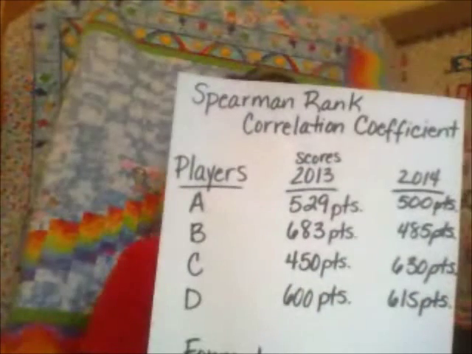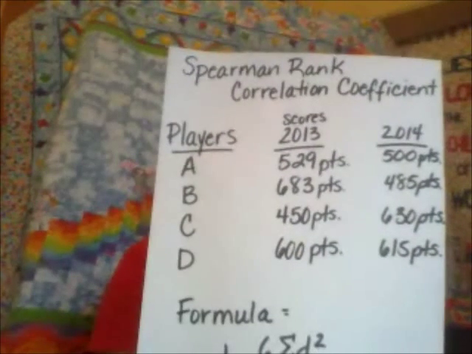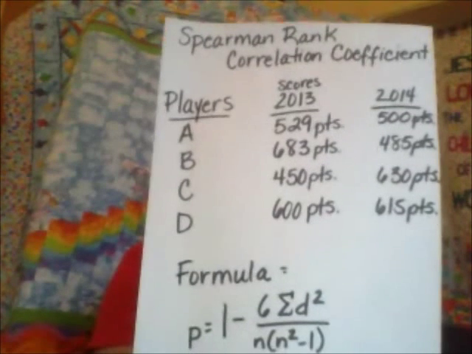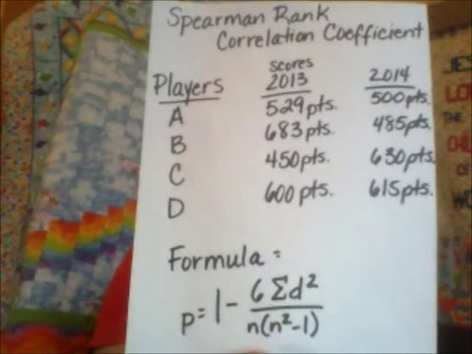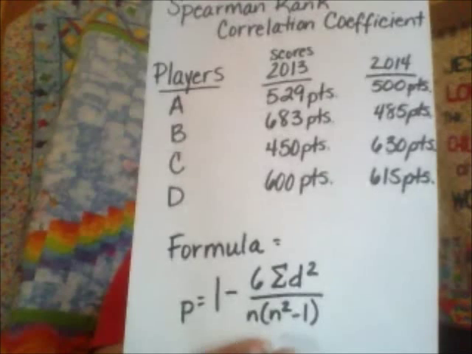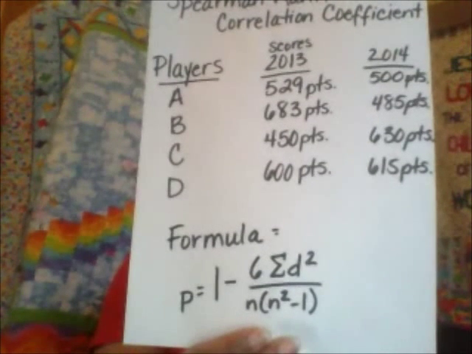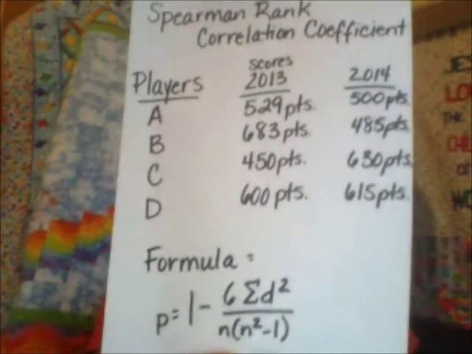So our formula is P equals 1 minus 6 times the sum of D squared over N times N squared minus 1. So in order to find D squared, D is the difference between each player's points ranking.